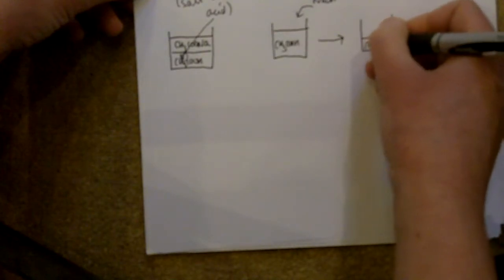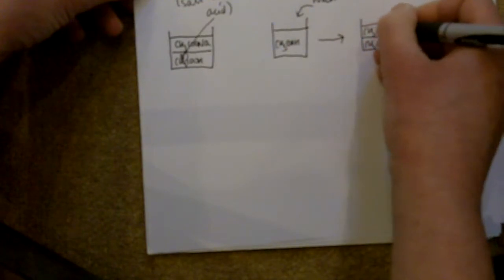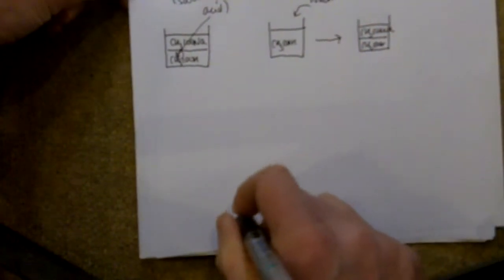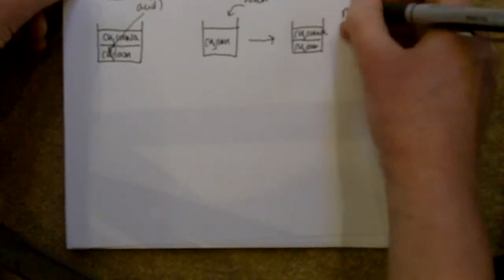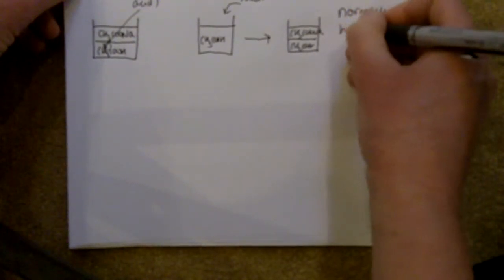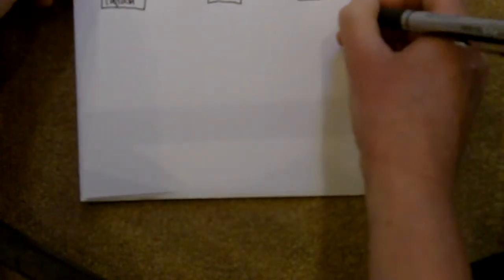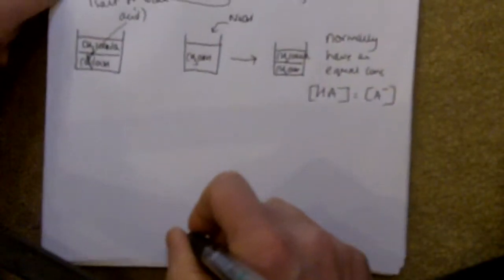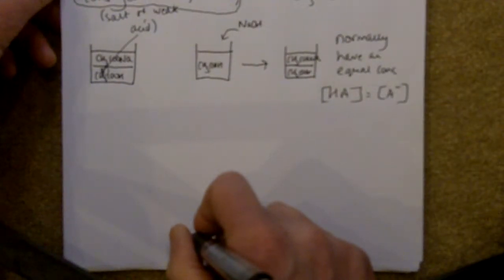Then you have your weak acid, and then you have your salt of your weak acid. Okay, and in a buffer, you normally, not always, but normally have an equal concentration of weak acid and the conjugate base. Okay, so that's how you make a buffer solution.